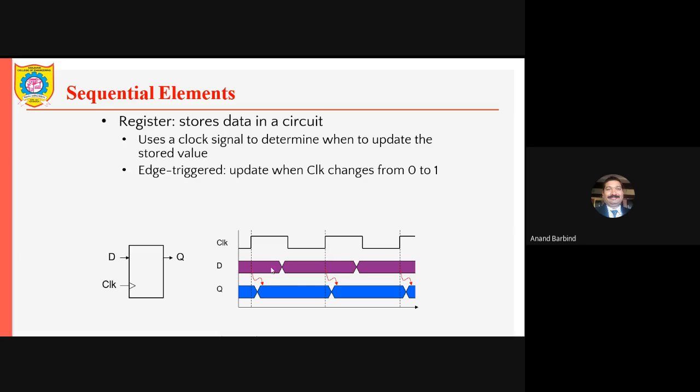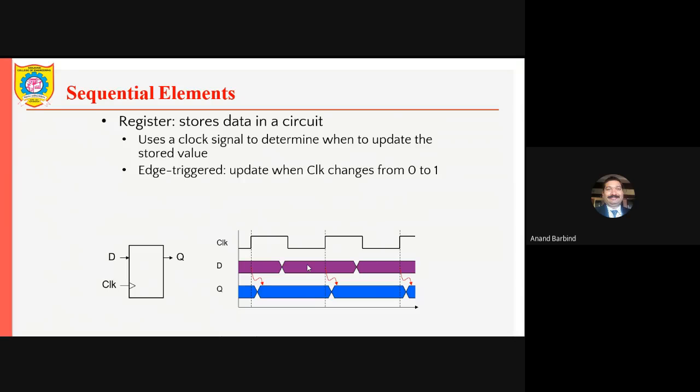So D may change asynchronously, randomly at any time. Fortunately, if D changes just before the rising edge of the clock, then you are able to see immediately the changes in the output.